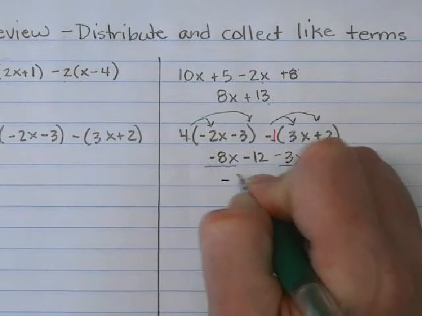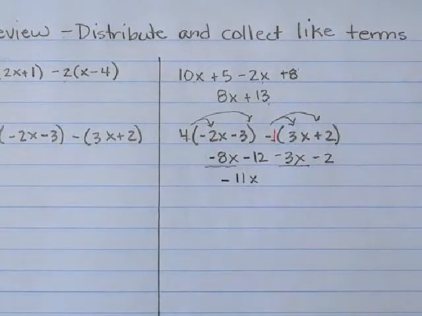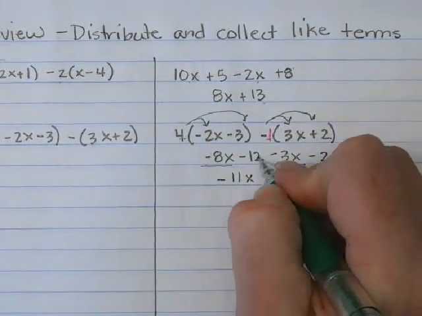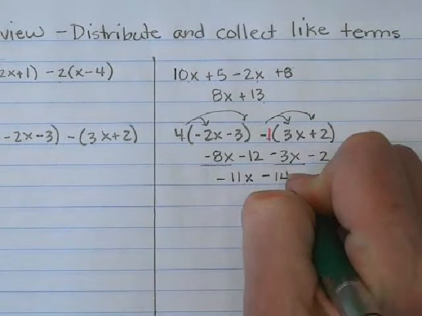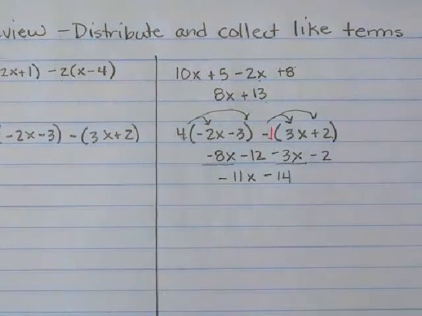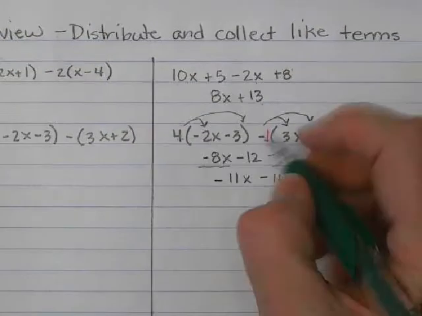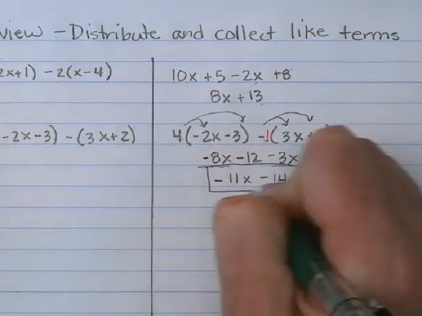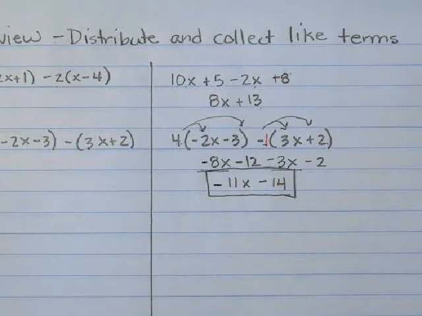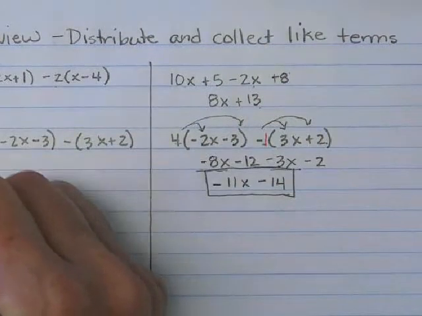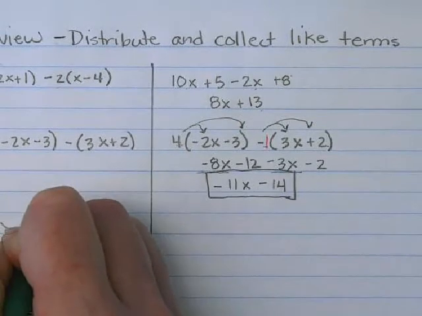Remember, signs are the same, so I'm going to add and keep the sign. Same thing here. A negative 12 minus 2, signs are the same, add and keep the sign. Okay, so my answer is below the problem. It's not written over here on the side. Another good habit is that you just box that. Okay, it makes it really easy for me to find. Okay, we're just going to do 2 more of these, and that's it.